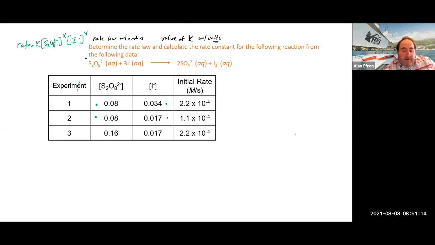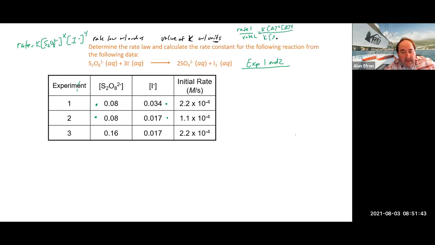Looking at experiments 1 and 2, we want to take the larger rate on top. In this case, it looks like experiment 1 has the larger rate. So I'm going to put all of experiment 1's information up on top in that formula that we used previously: rate 1 over rate 2 is equal to k, [A] to the x, and [B] to the y.